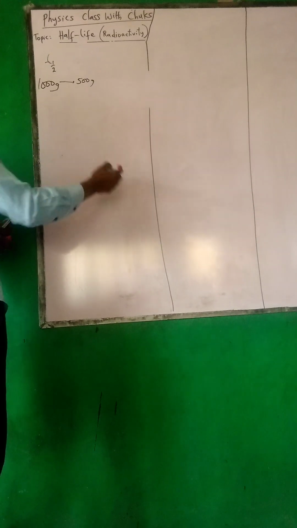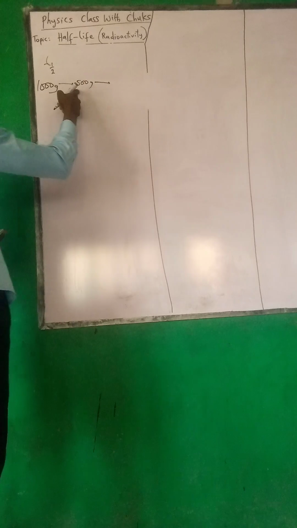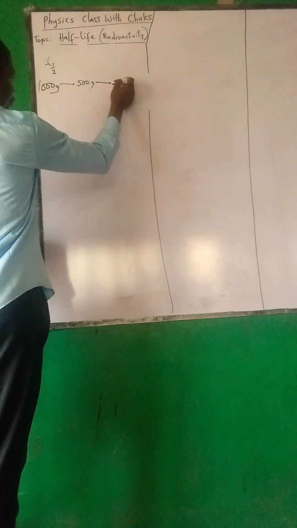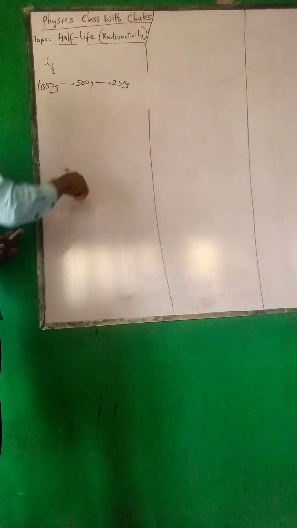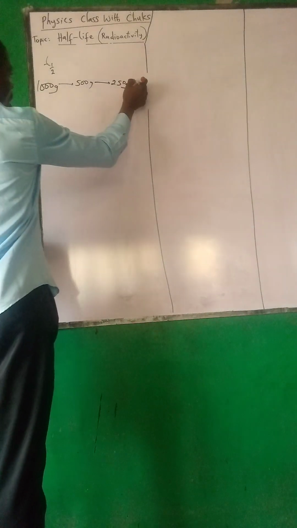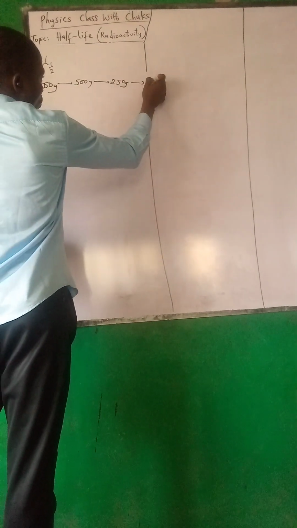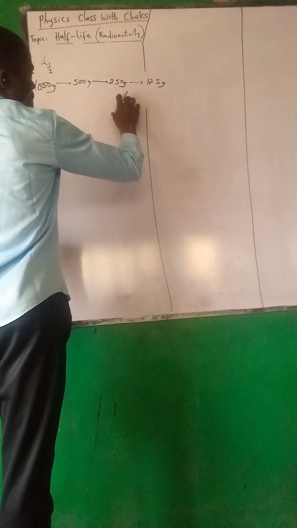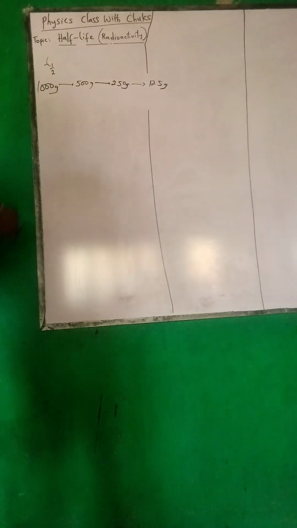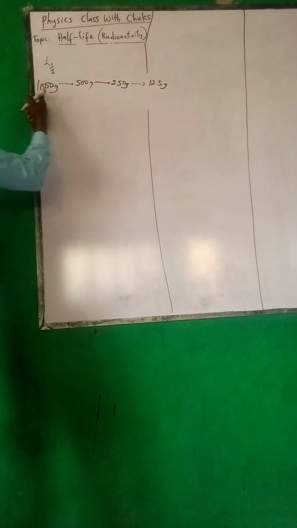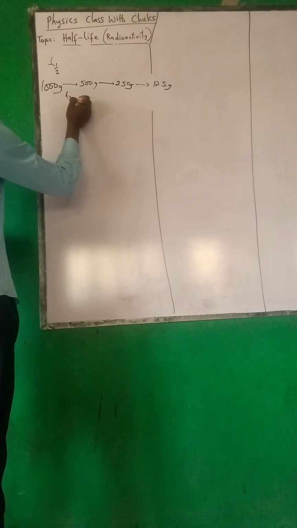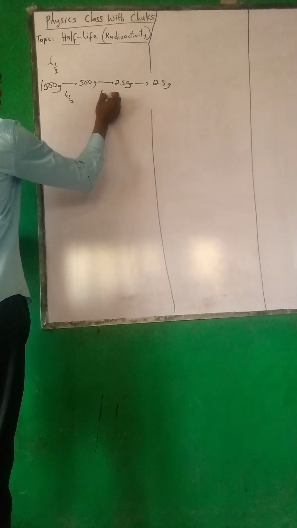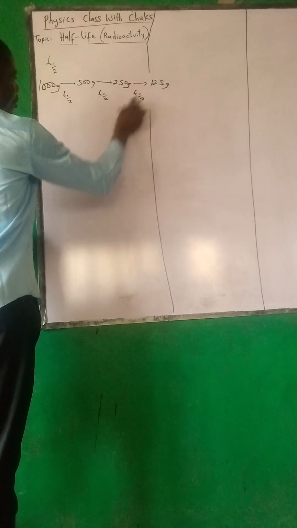After another half-life, it will reduce to half of 500, which is 250 grams. After another half-life, it will reduce to half of 250, which is 125 grams. The thing continues that way. So you see that this is one half-life, this is another half-life, this is another half-life.